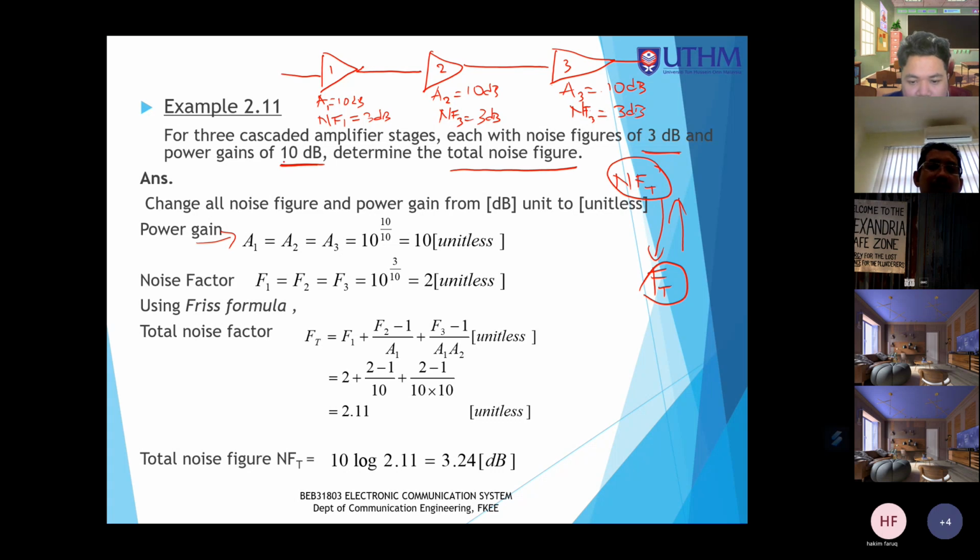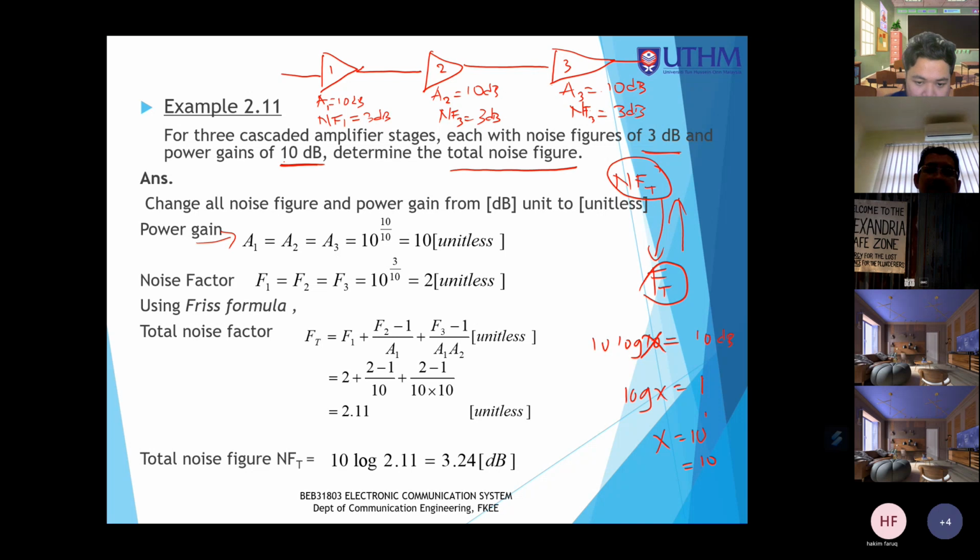Dia sebenarnya 10 log X sama dengan 10 dB. So log X bersamaan dengan 1. X bersamaan dengan anti-log of 1, 10 power of 1, so I get 10.